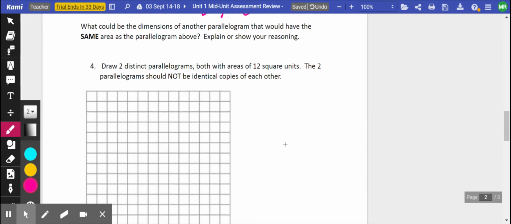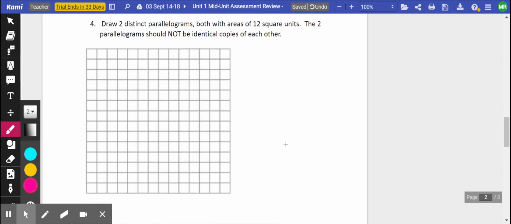Number 4, we're asked to draw two distinct parallelograms. That means two parallelograms that are different shapes, but both parallelograms need to have an area of 12 square units. Parallelograms should not be identical copies of each other. So that means we can't draw one parallelogram and then simply rotate it and say that we have drawn another parallelogram, because we haven't.